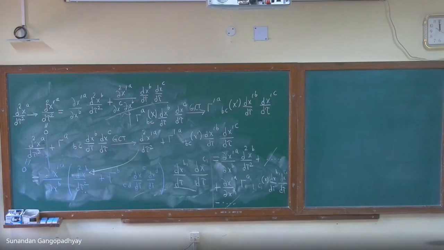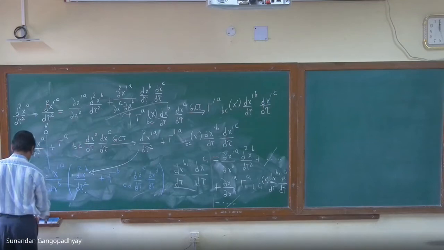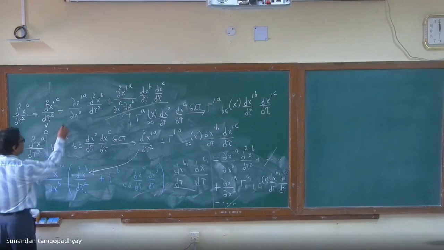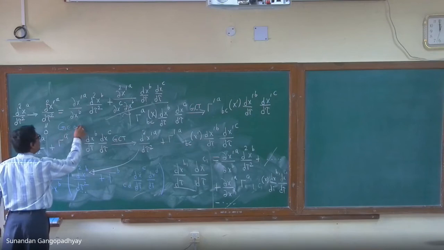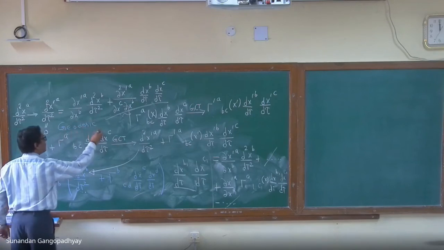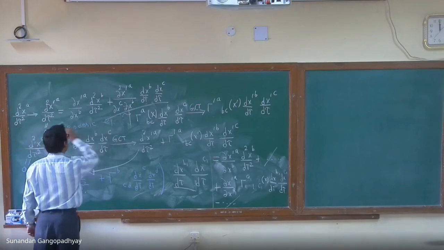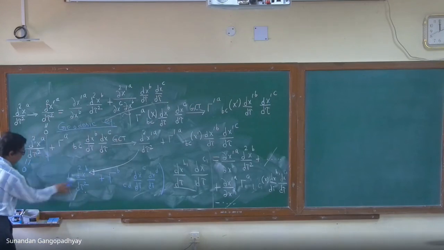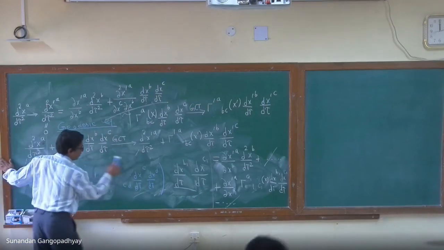Okay, so now we will write this equation in a different way. This is the geodesic equation. Let me just write it down here. This is the geodesic equation. Let us write it in a nice way.